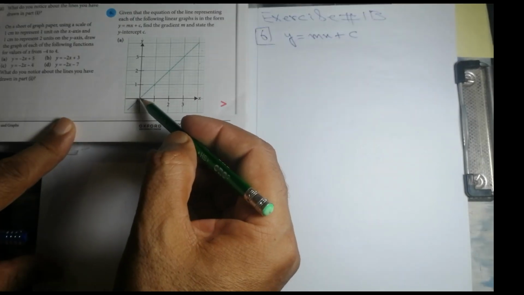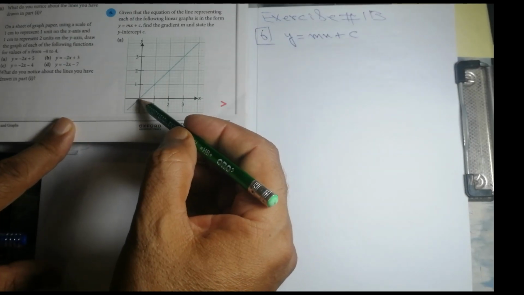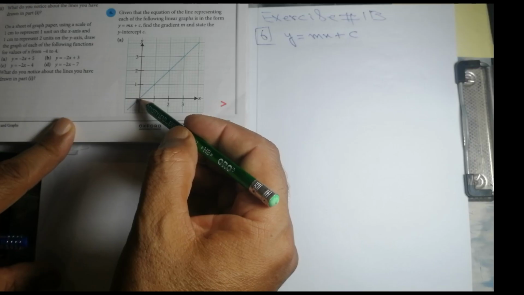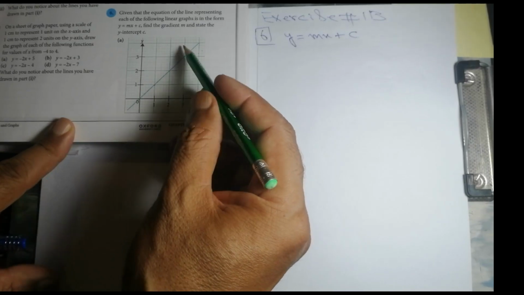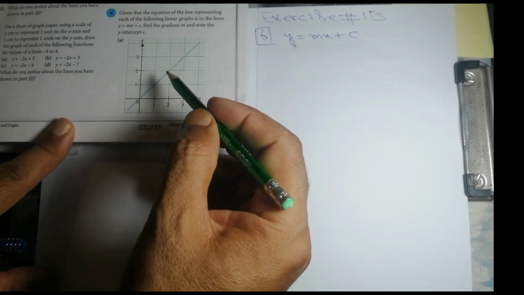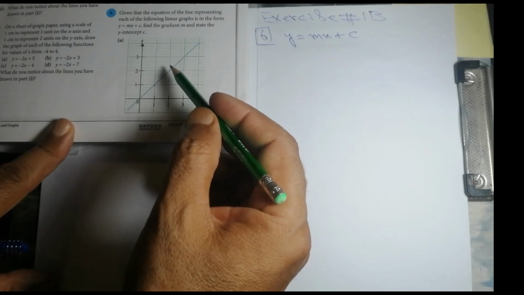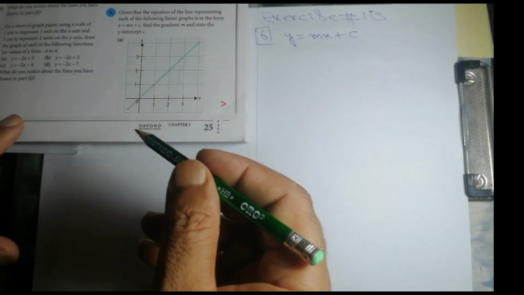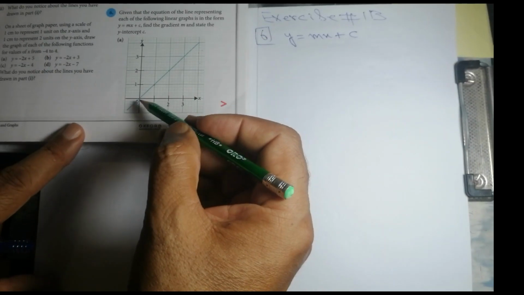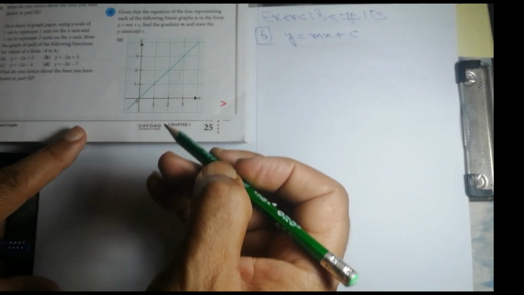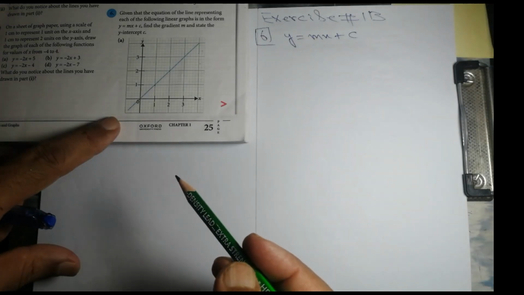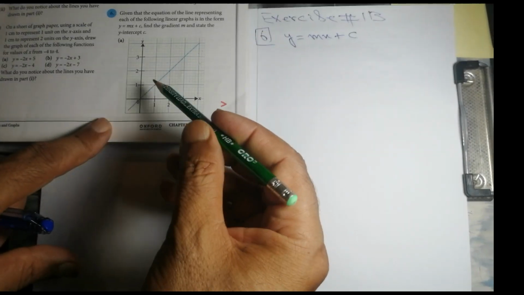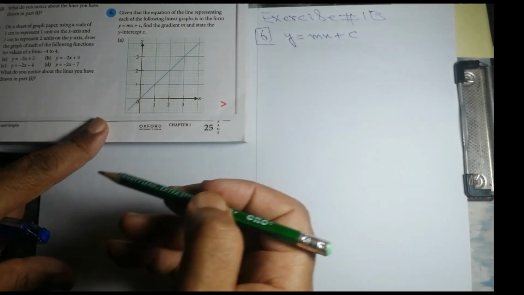If we move from left to right, it is an upward direction, positive direction. For an upward direction, its gradient will be positive. If there is a graph that goes downward from left to right, its gradient will be negative.